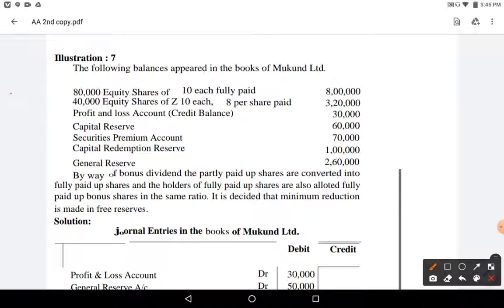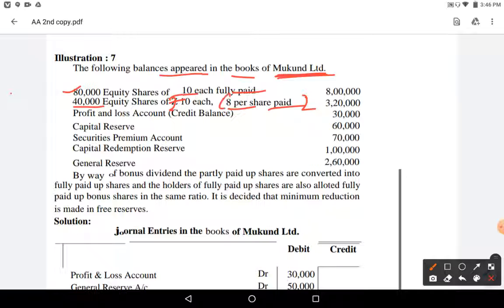Following is the balance sheet. The following balances appear in the books of Mukund Limited. 80,000 equity shares of 10 rupees each fully paid up, and 40,000 equity shares of rupees 10 each, rupees 8 per share paid. So unpaid is 2 rupees.